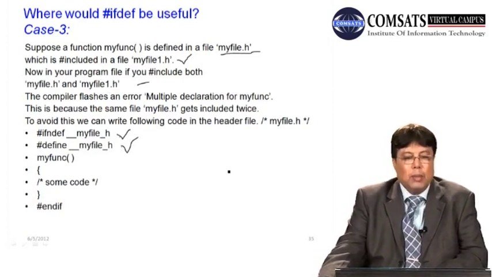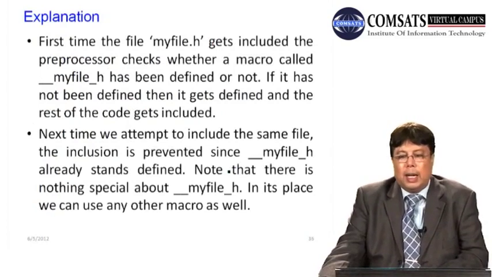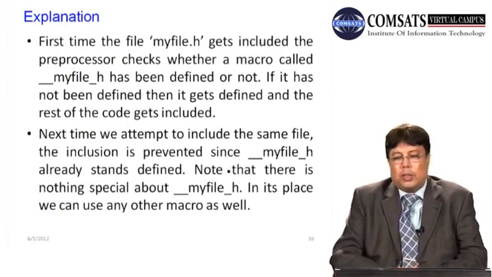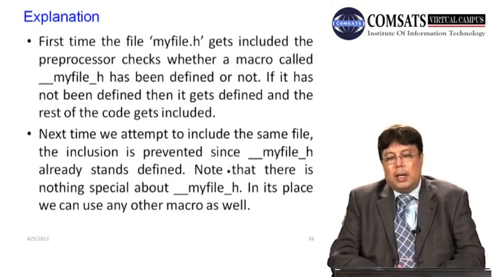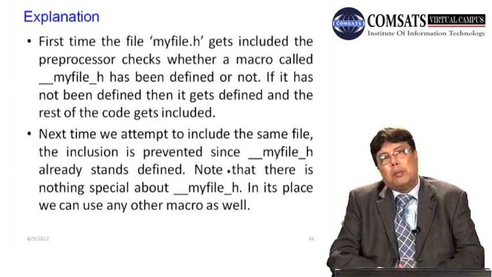Yes. First time the file, my file gets included, the preprocessor checks whether a macro code has been defined, myfile_h has been defined or not. If it has not been defined, then it gets defined. Okay, it will be defined क्योंकि आपने check लगाया हुआ है. If not defined, then define it. ठीक है.